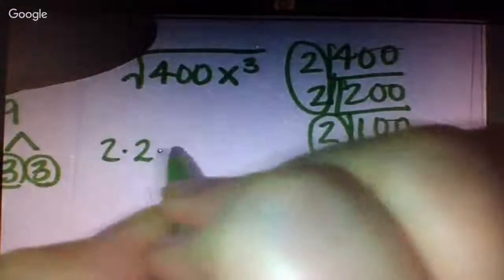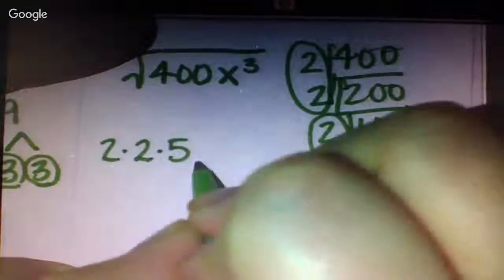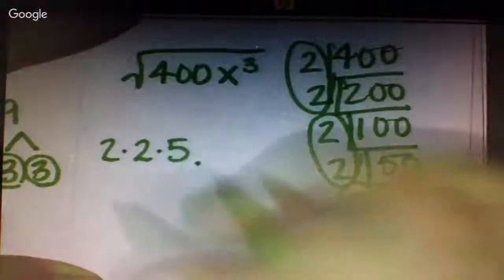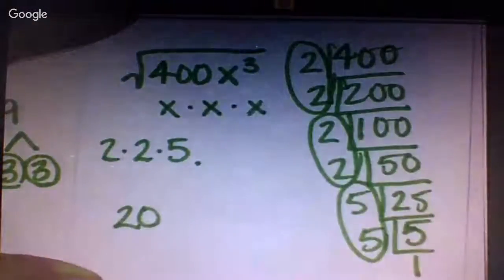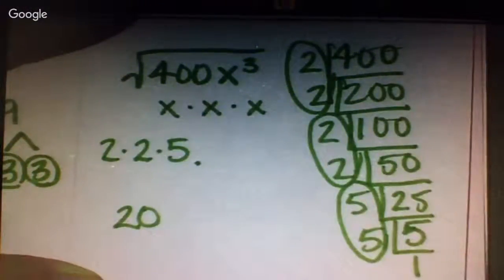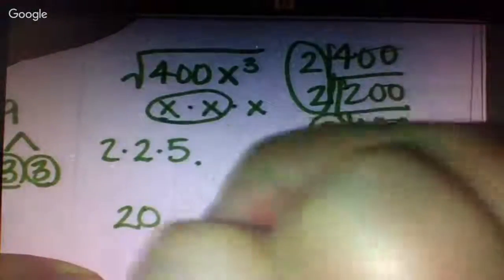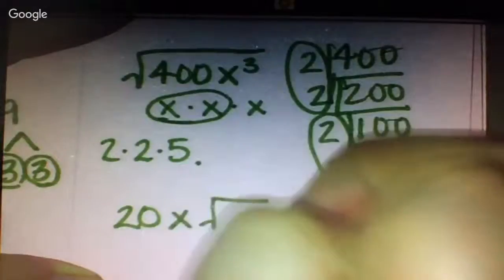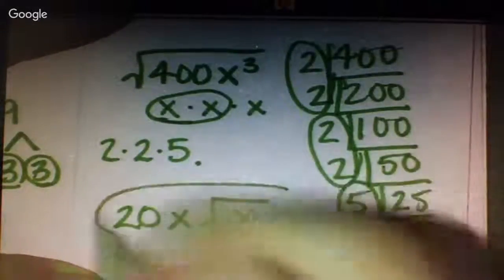So out front is 2 times 2 times 5. Okay, don't forget, I have 3 x's that I have to figure out what to do with. Don't lose that variable. So one of my x's comes out front because I can circle it, and the other one goes back underneath.